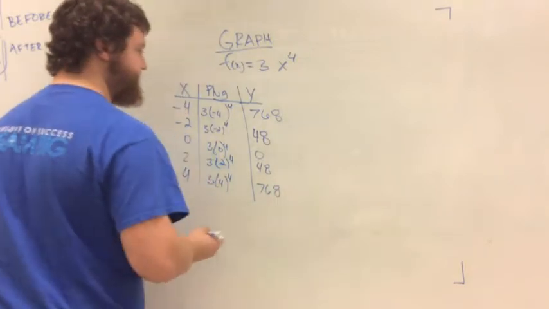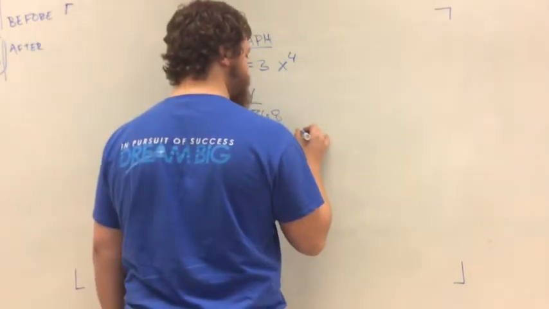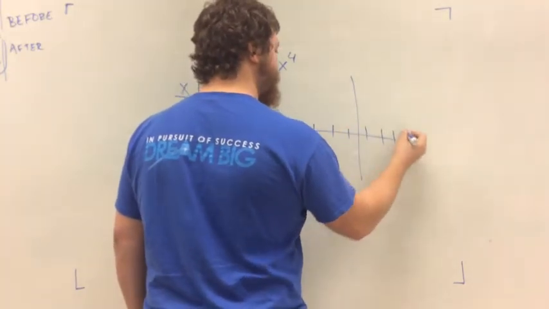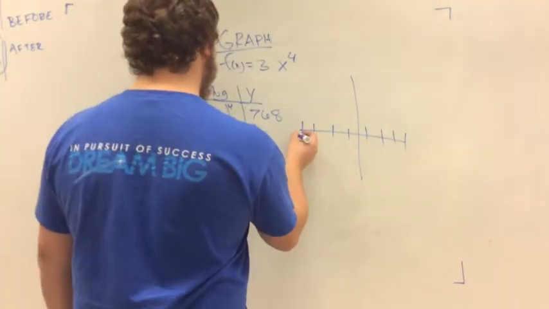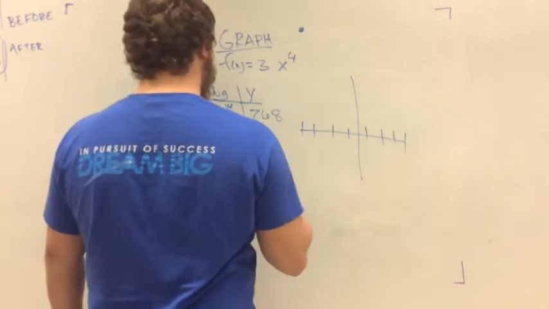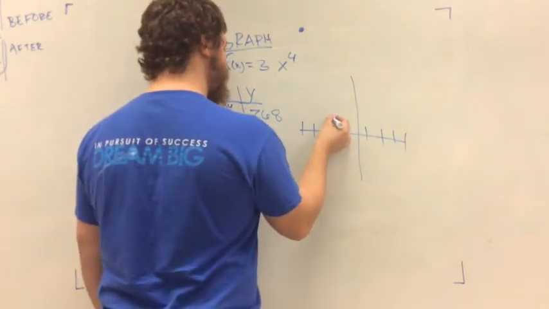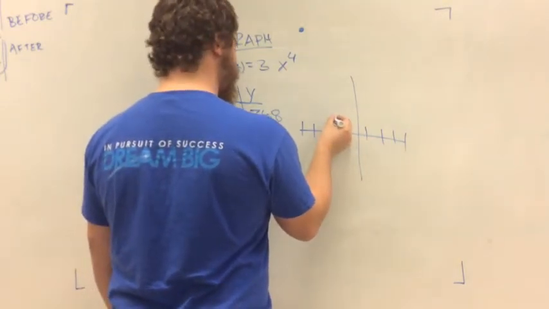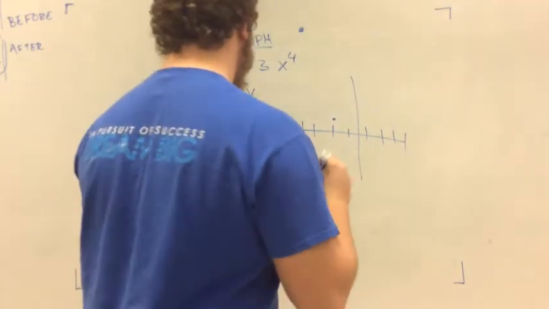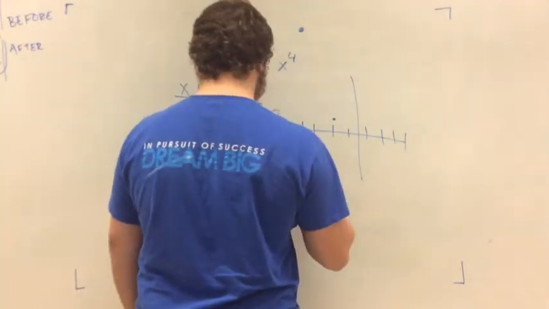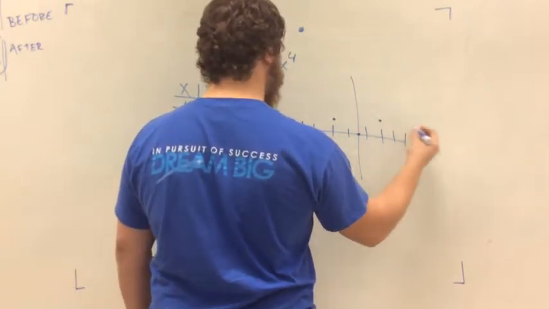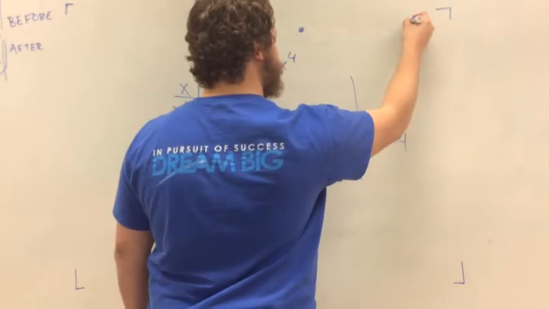So let's see if that looks right. I go from -4, 768, and put that there, to -2, 48, to 0, to 48, to 768.